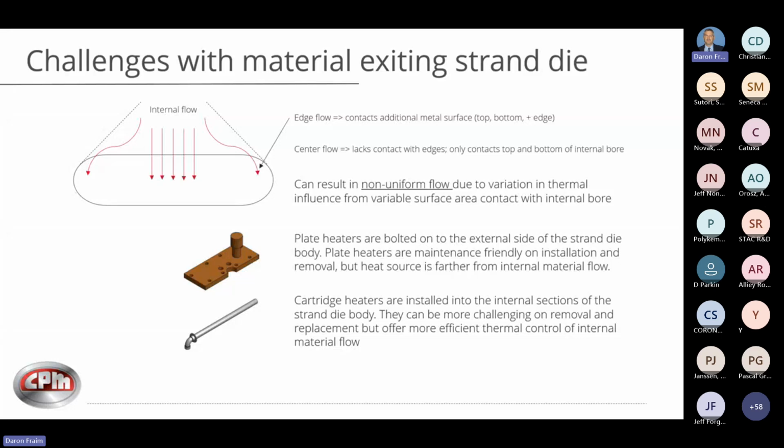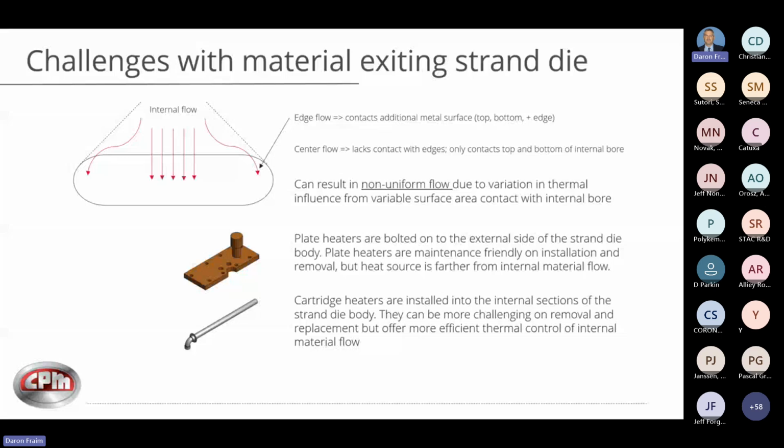You have additional contact of that material with the top of the bore, the bottom, and the edge, versus your center flow, which typically contacts only the top and bottom portion of that internal bore. So you can see some slight differences in thermal conductivity from the barrel heating and such, and you can see a little bit of non-uniform flow. It's not uncommon to see some strands tend to swirl or have an erratic type flow on the outer holes.